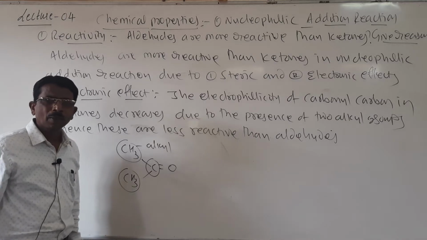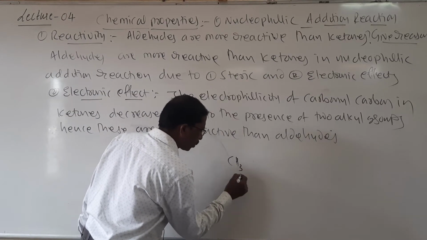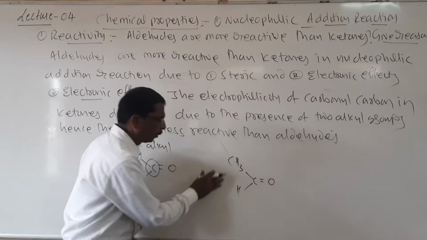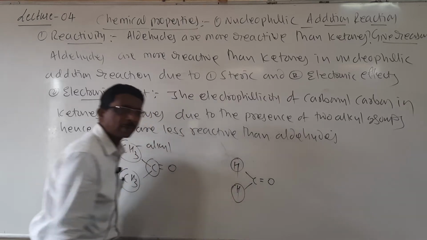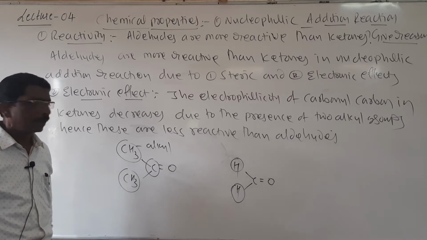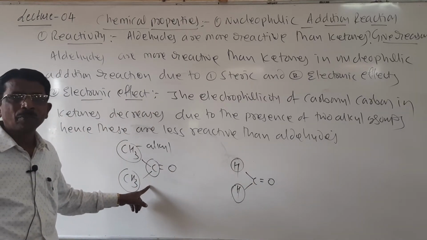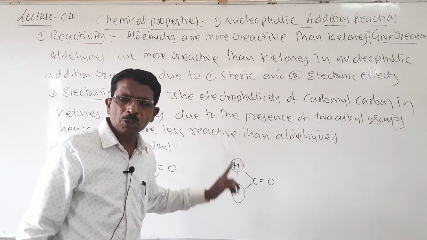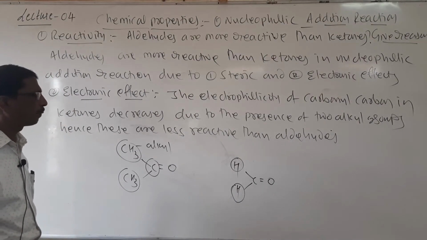In formaldehyde, only smaller groups are there, so these are more reactive as compared to this. The electrophilicity is more in aldehydes and less in ketones, so ketones are less reactive and aldehydes are more reactive. It is called the electronic effect.